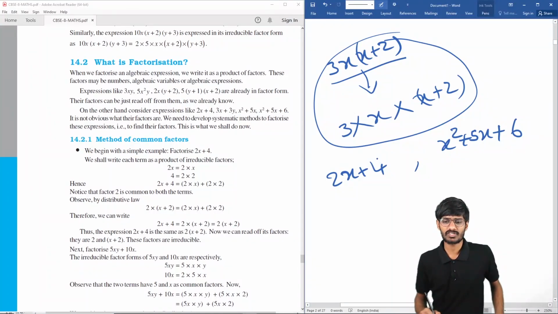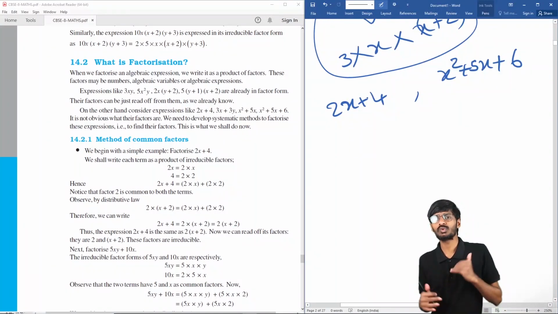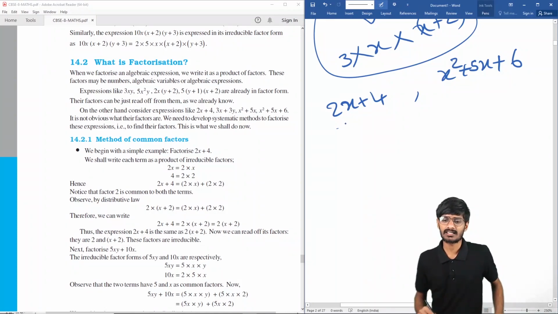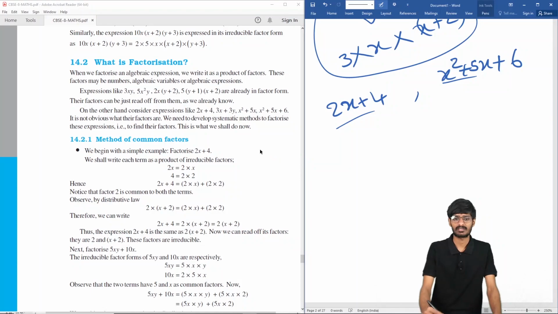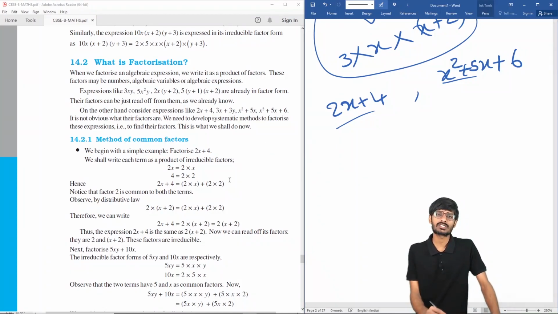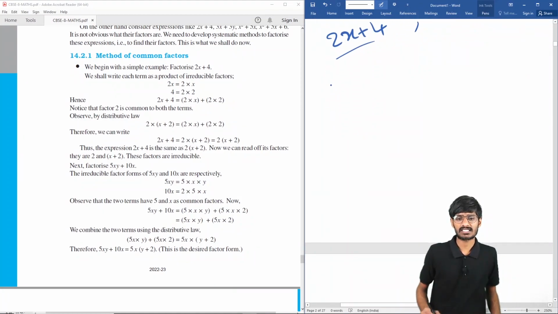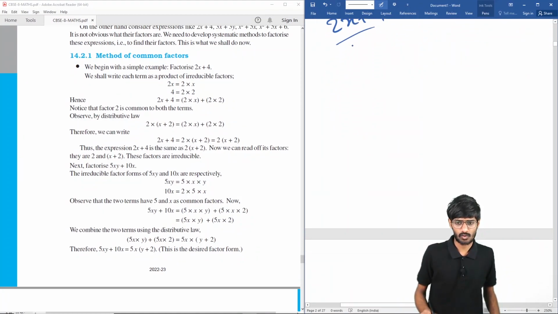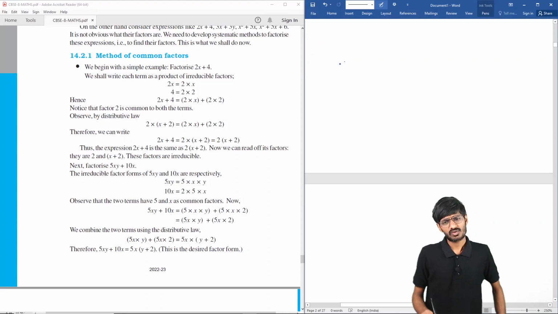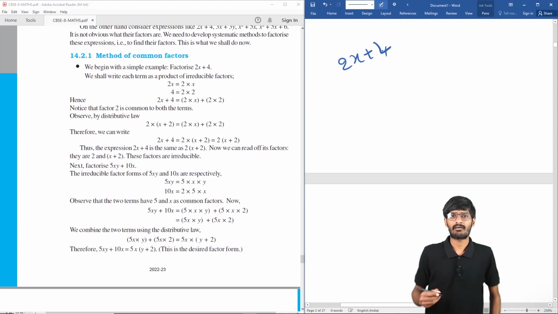So in this type of situation we have to develop some new techniques to find the factors for this type of expressions. Here we use a method called the method of common factors. We'll start with the simple one, that is 2x plus 4. It is an algebraic expression called a binomial.